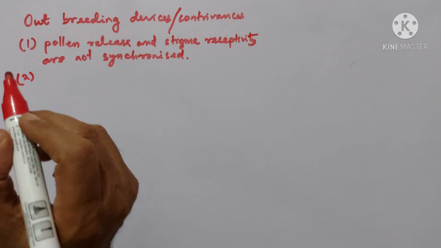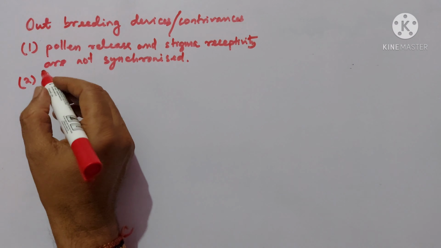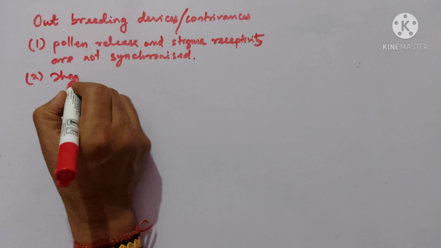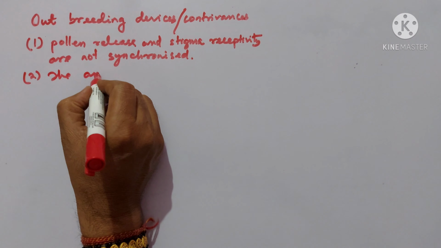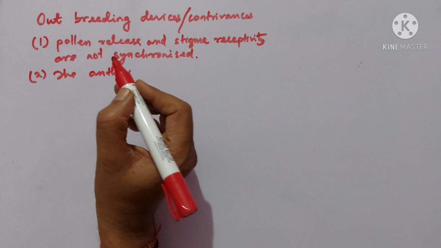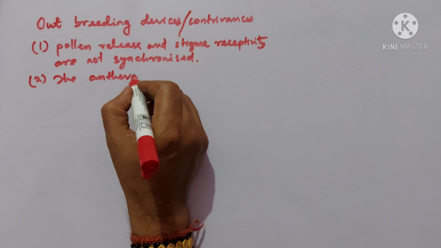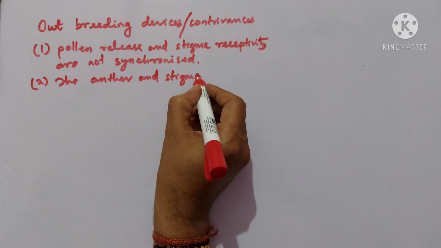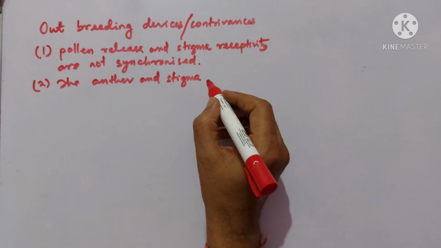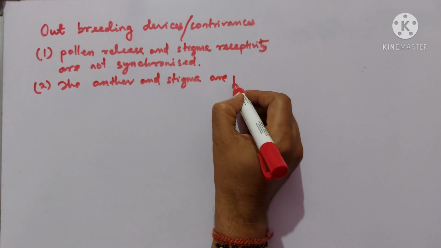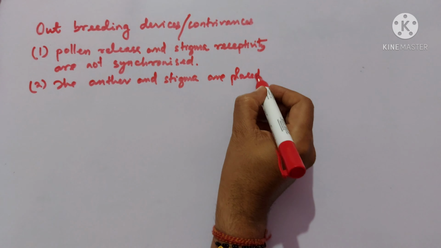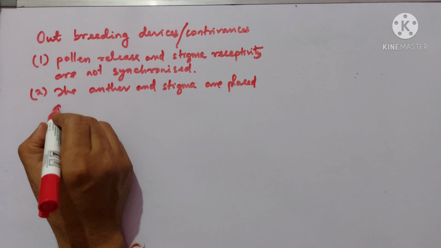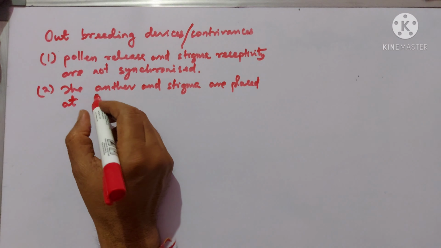Second one is the anther and stigma are placed at different positions.